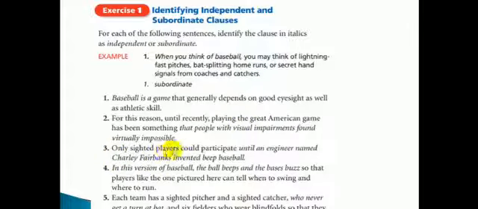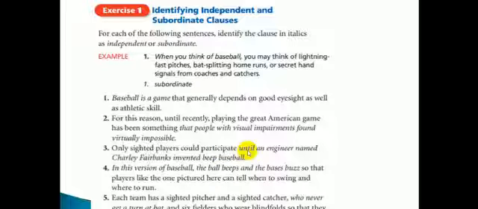Number 3: Only sighted players could participate until an engineer named Charlie Fairbanks invented beep baseball. So only sighted players could participate. I can see here an independent clause, a normal sentence. It is an independent clause.